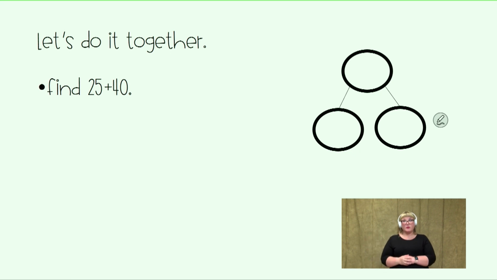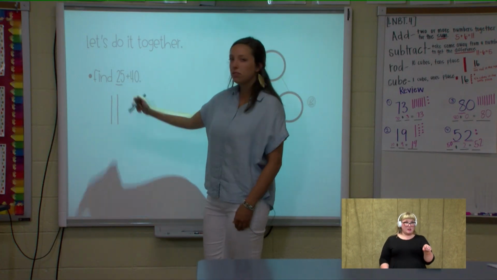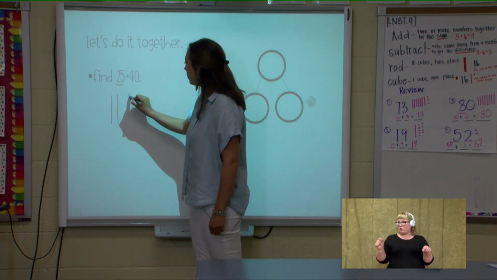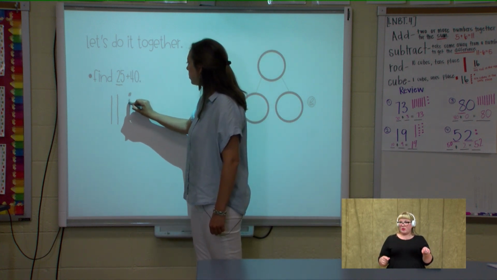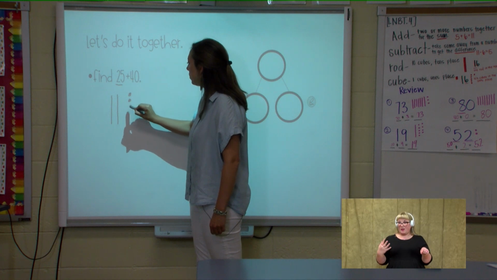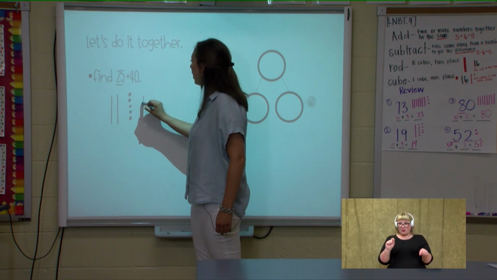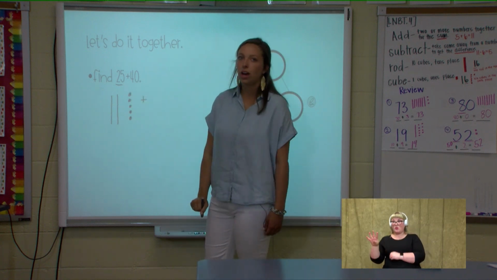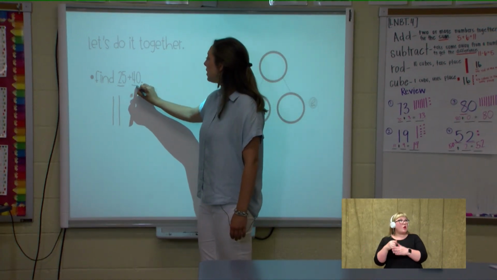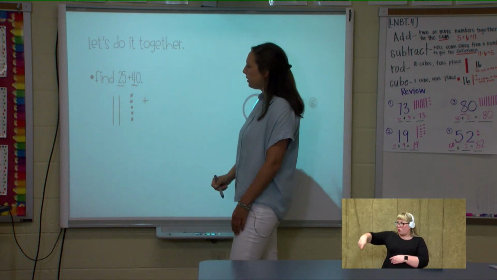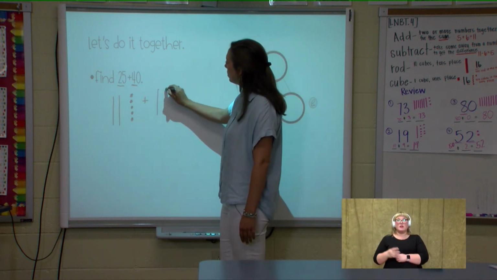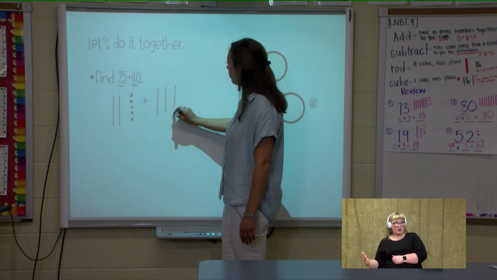For 25 plus 40. For 25, I'll have 2 rods to hold the tens place and 5 cubes to hold the ones place. 1, 2, 3, 4, 5. Plus our 40. I will draw 4 rods to represent the 40. 1, 2, 3, 4.